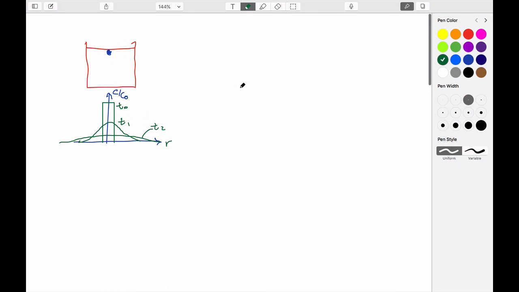And so we made the point that this curve here, if we take it out, is basically a normal probability distribution.